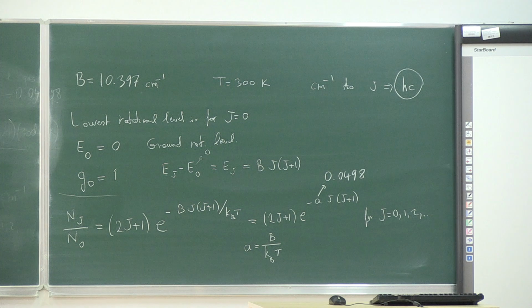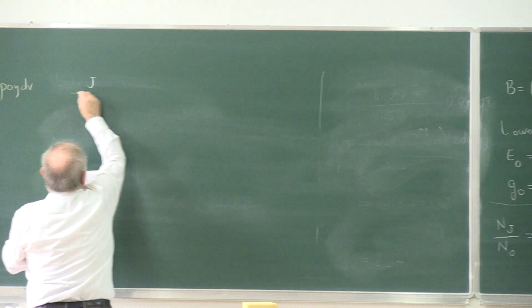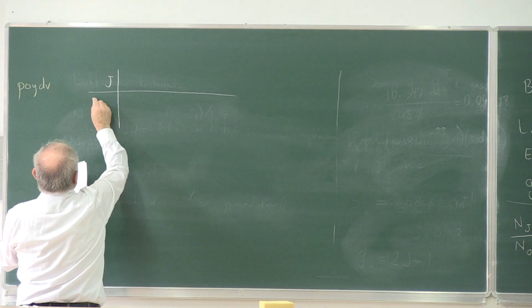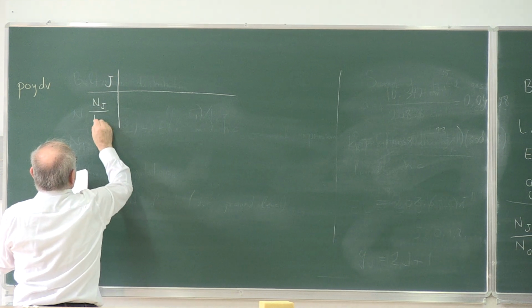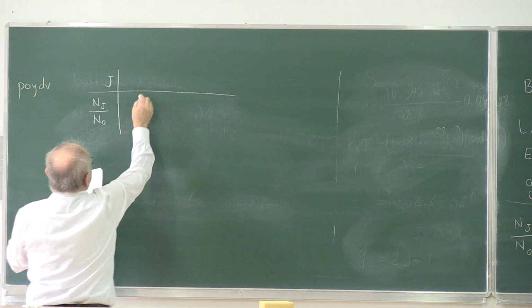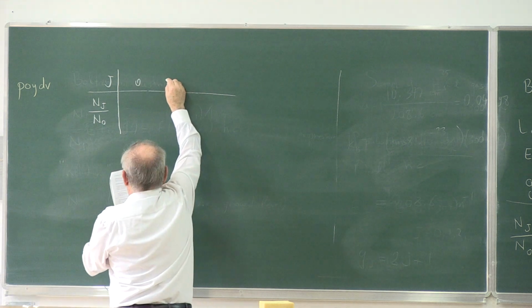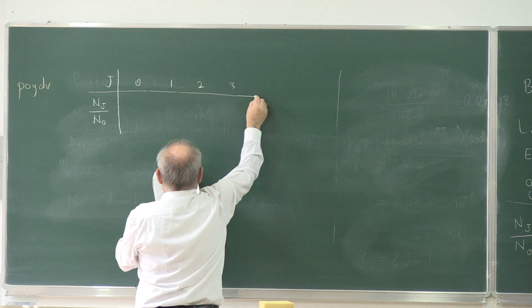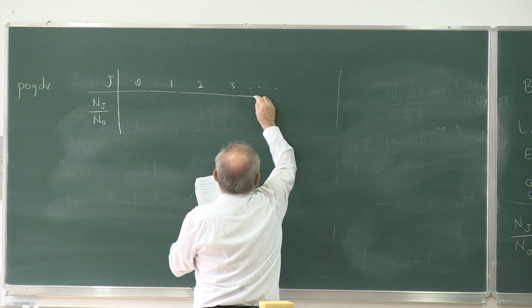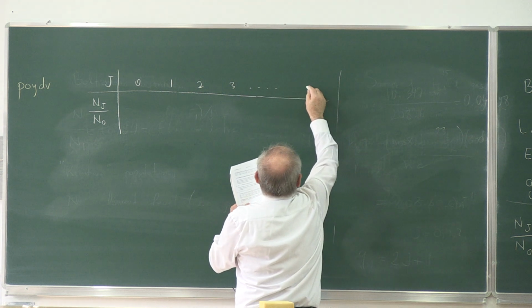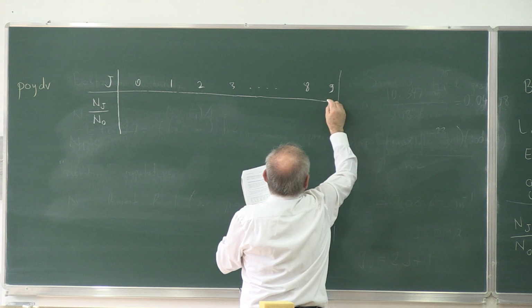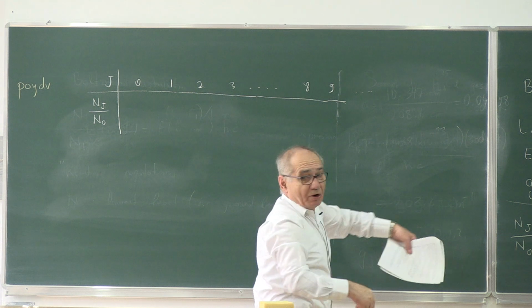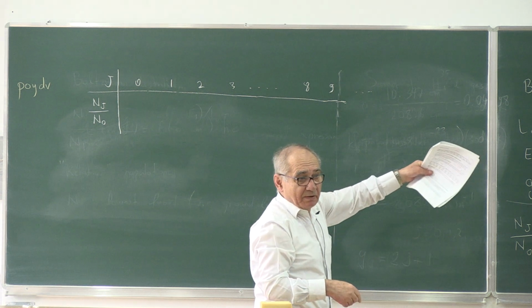So if we make a table, this is J, and this is relative population. J values are 0, 1, 2, 3, 8, 9. There is no upper limit for J.